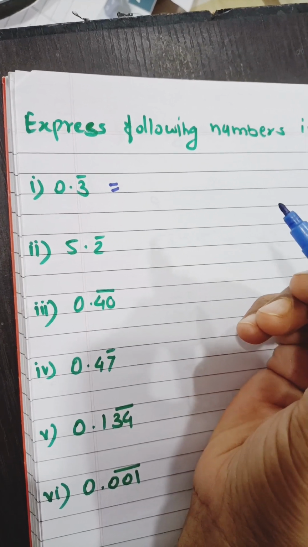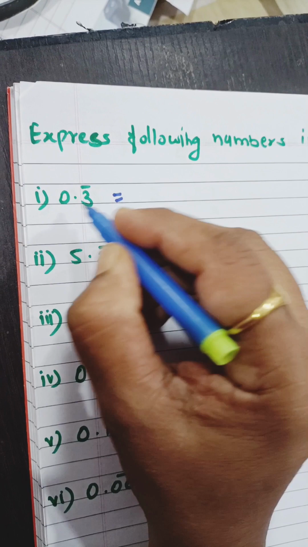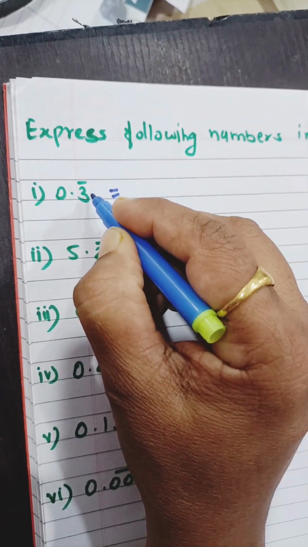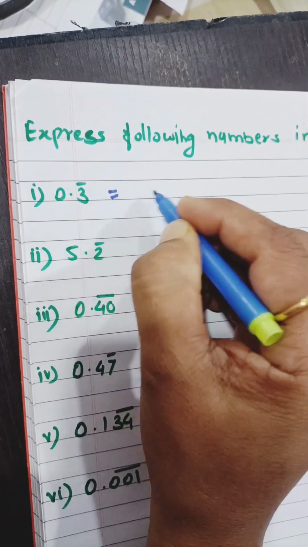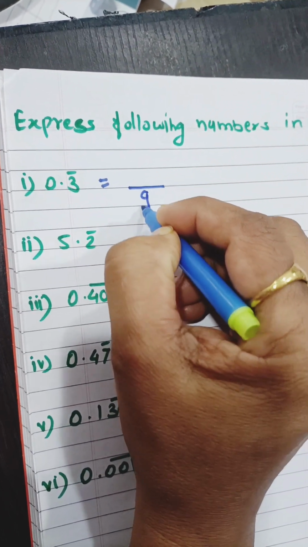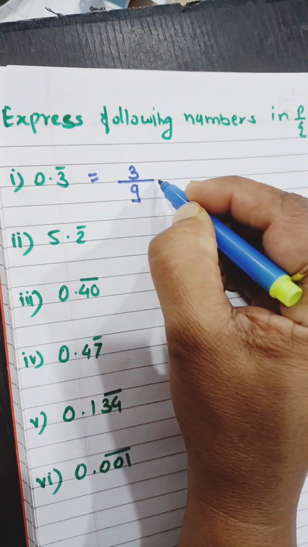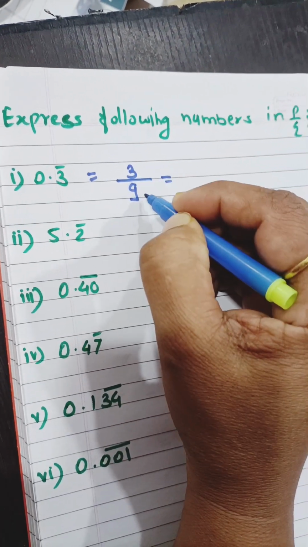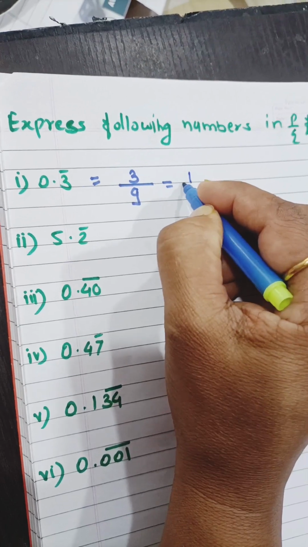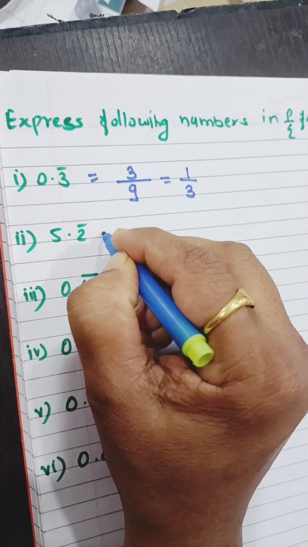0.3 bar, or you can say 0.3 with a bar. After decimal, only one digit is there which is under bar, so in the denominator we will have 9. And without decimal we will write 3 here. So this is the P by Q form. This can be simplified, therefore we will write 1 by 3. Okay. Simple one.